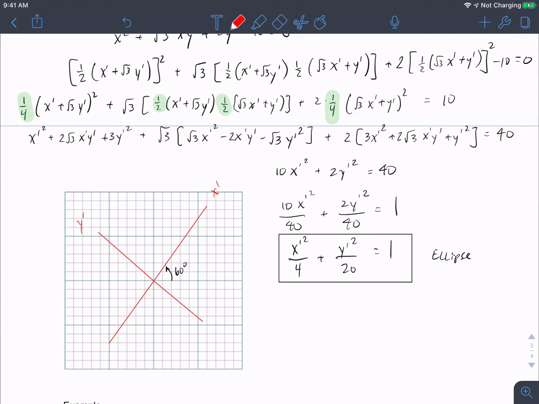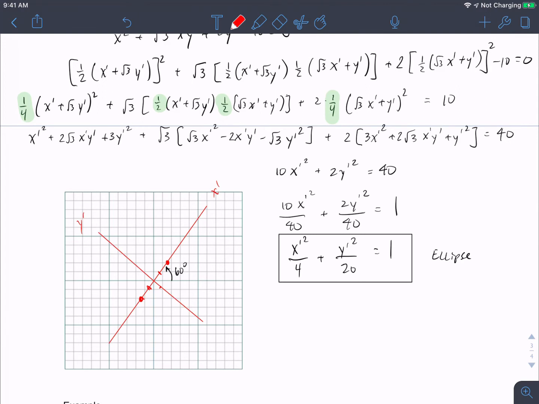And so we can see that along the x', that is going to be a distance of 2 away from the origin. And so let's say this is 1, this is 2. There's a point, and then this is 1, this is 2, and so there's a point. And then that square root of 20 is our other value, and that's the same as 2 square root of 5, or almost 4.5.